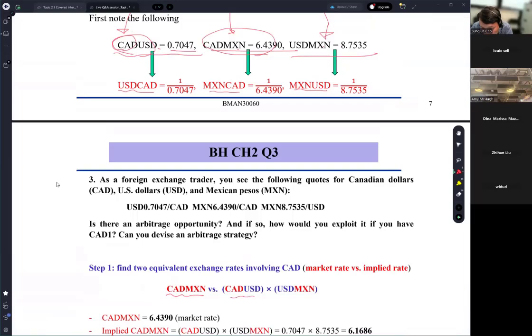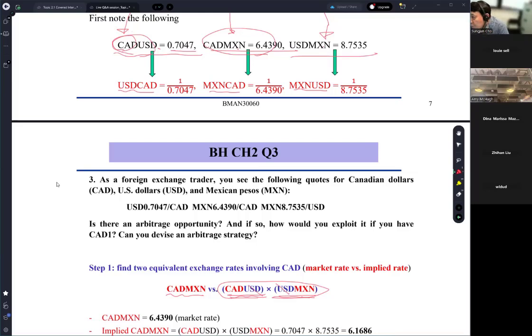I'm going to compute implied CAD MXN using triangular transactions, using the cross rate formula. If you multiply this by this, the dollar will be canceled, and you will be able to compute implied CAD MXN.